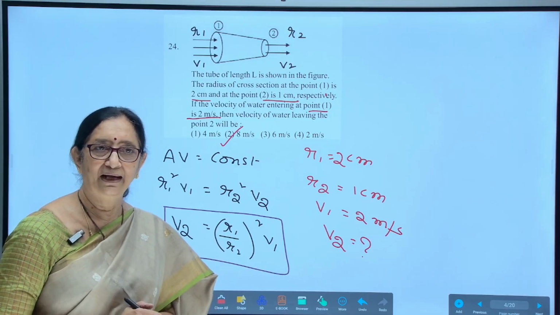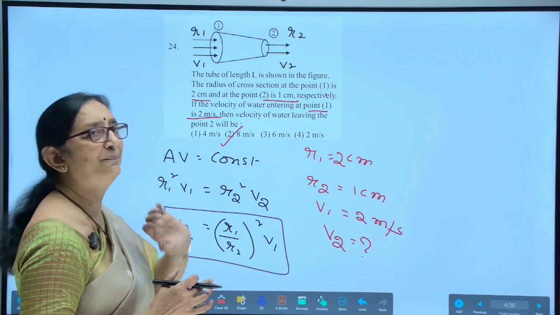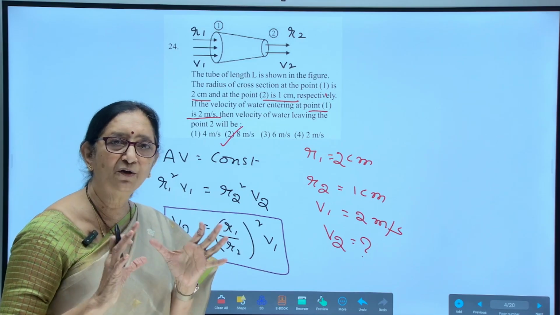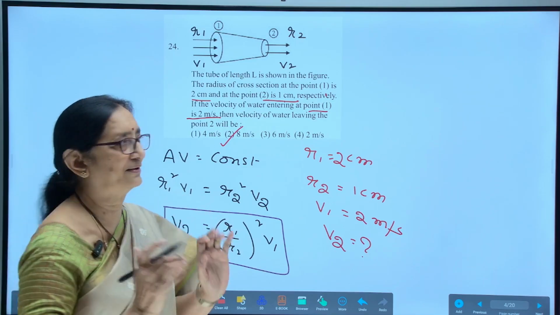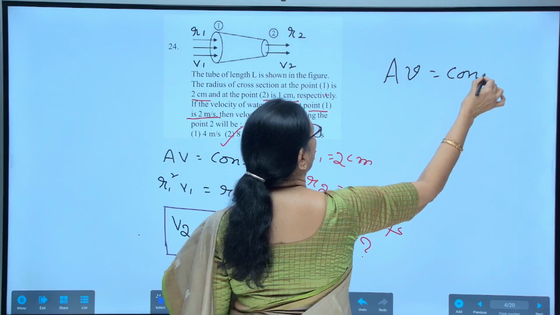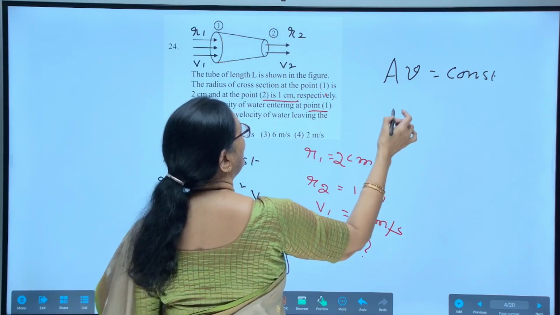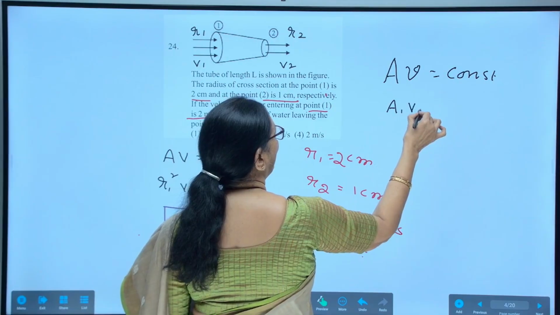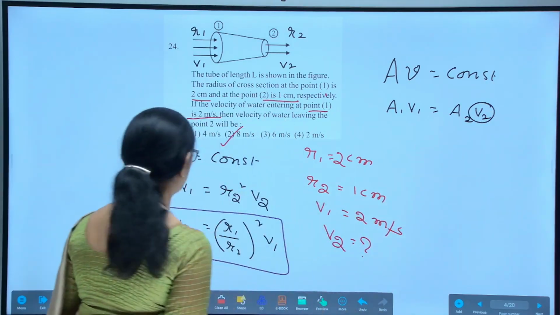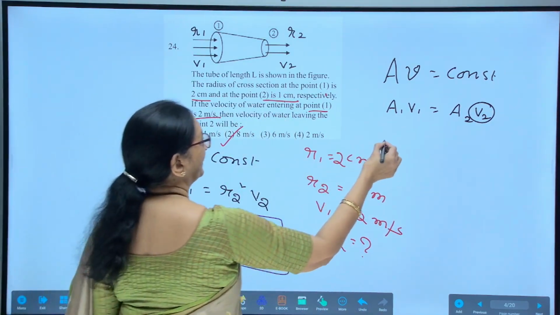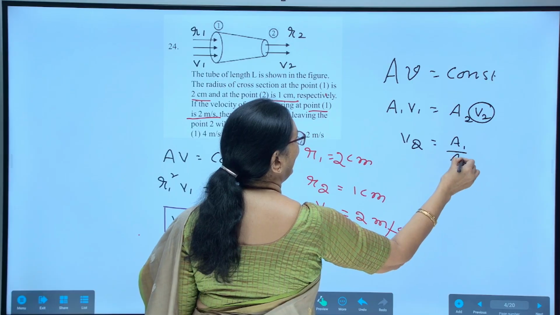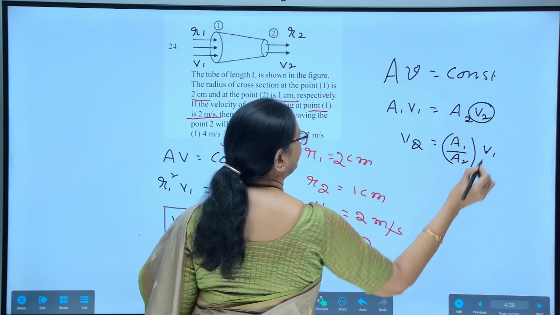In streamline flow, the equation of continuity says the volume rate of flow of liquid is constant. Volume rate is A into velocity. So the volume rate being constant implies A1 V1 is equal to A2 V2, from which V2 is equal to A1 by A2 into V1.